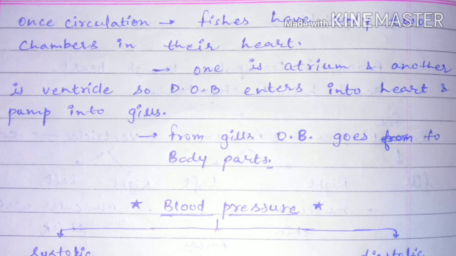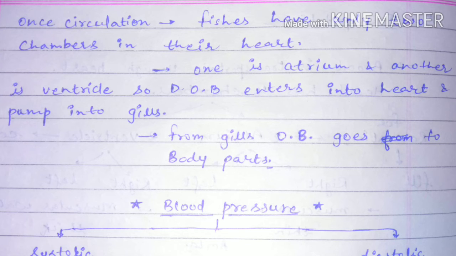Now student will see single circulation. Single circulation is mostly found in cold blooded organisms, for example fish. Fish has only two chambers in their heart, one is the atrium and another one is the ventricle.